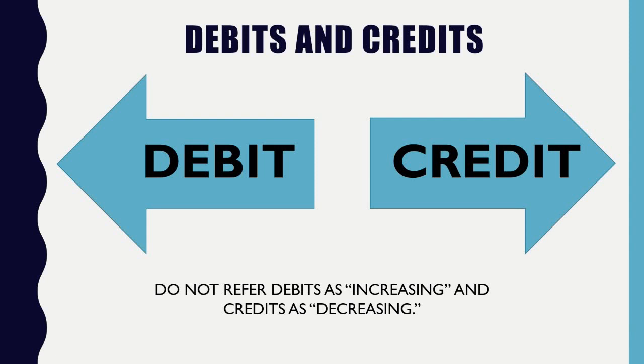A credit could mean increase or decrease. It just really depends on what the account type is. So never refer to debit as an increase and credit as a decrease, because it depends on the asset or the liability, whatever account type you're dealing with, okay? However, for this, just know it is left and it is right, okay?